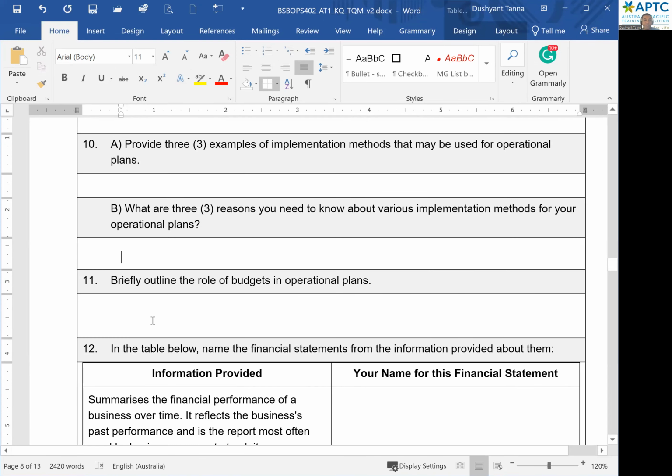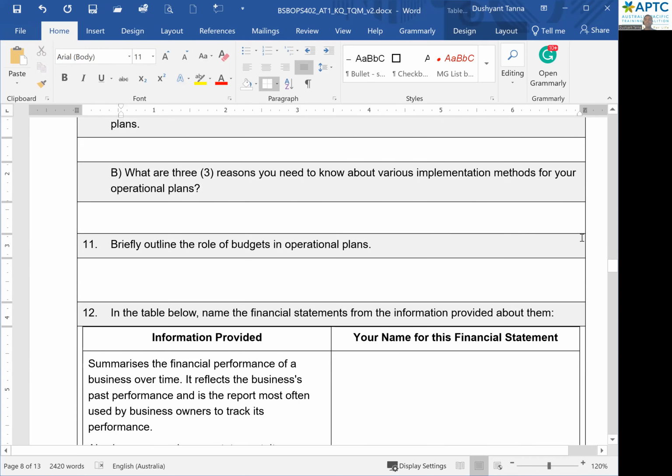Right, let's continue. Question 11. Briefly outline the role of budget in the operation plan. What is budget? Budget will help you to stay on track, isn't it? If you have planned a budget, okay, this is my salary, whatever amount.